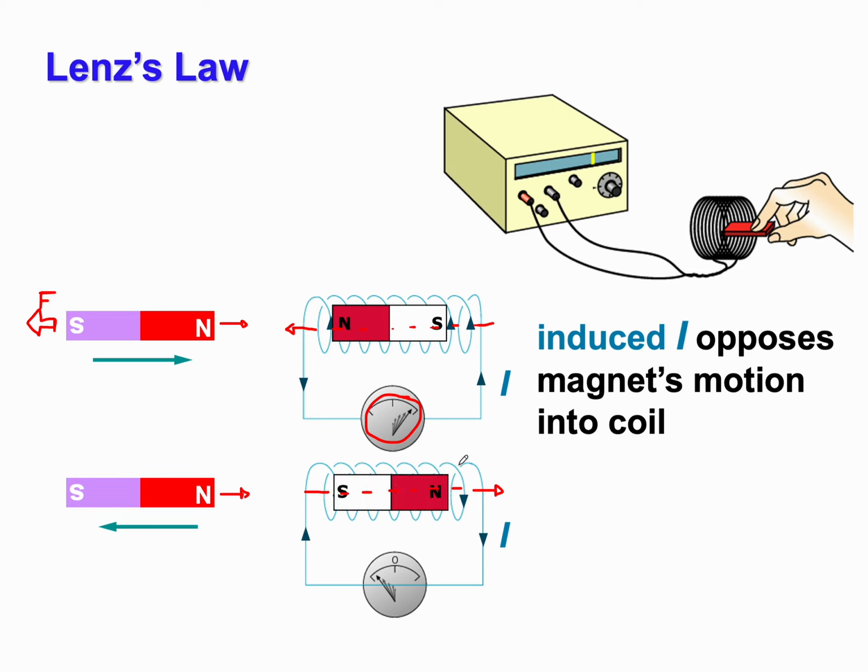It's almost as if the solenoid is now a bar magnet looking like this, with the south pole there. What's happening? As I'm trying to move this bar magnet away, it's actually being attracted. And so I actually have to do work to move this thing away from this. That's Lenz's law. Kind of a fun idea.